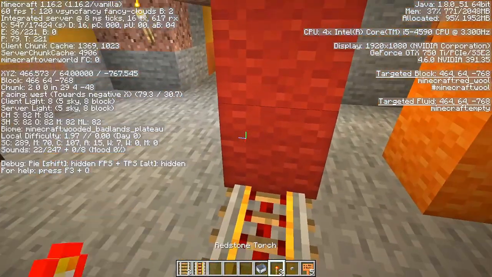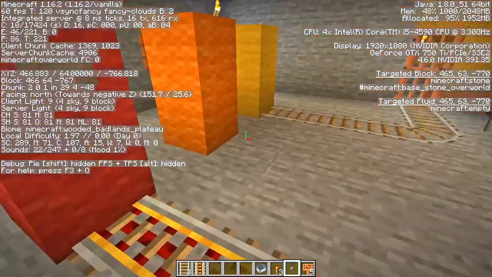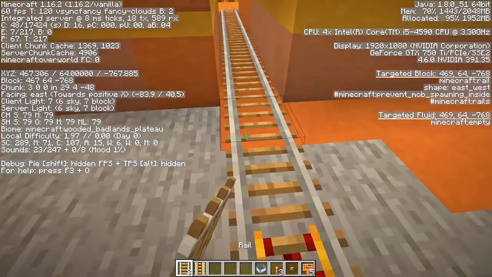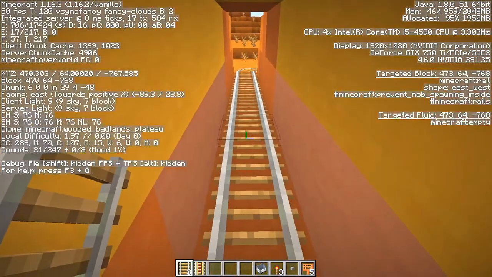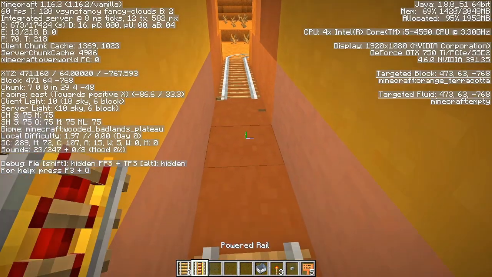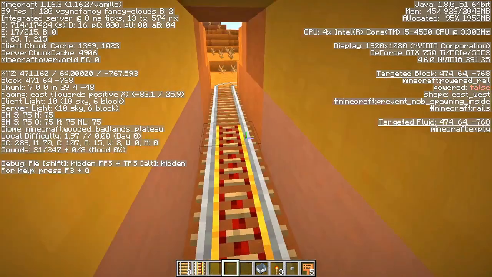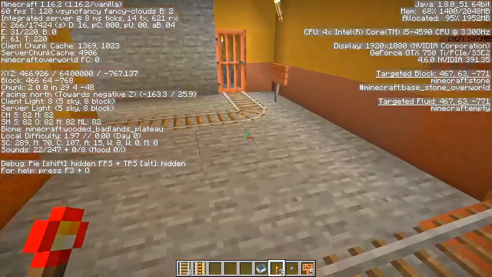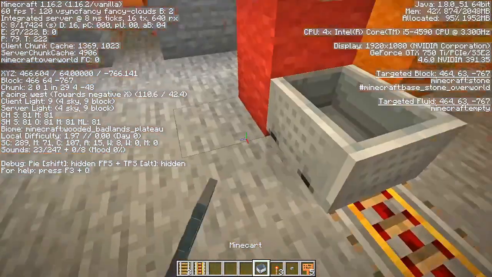Let's put a button to start. Probably need some power rails. Let's just do 3. And add a torch. So let's see if it works.